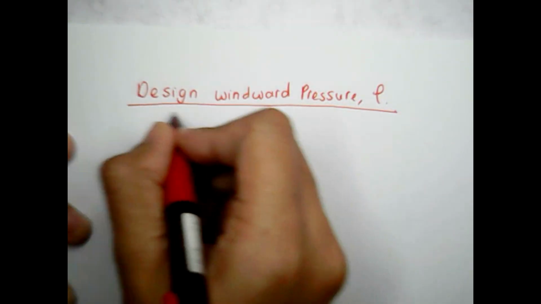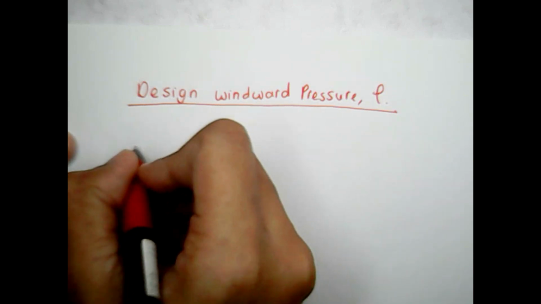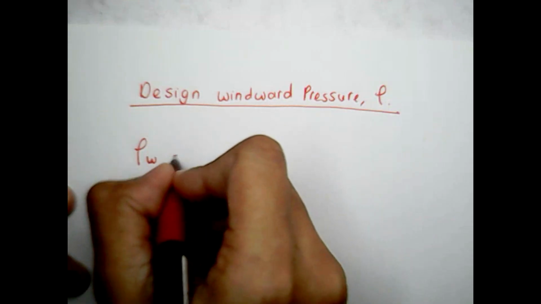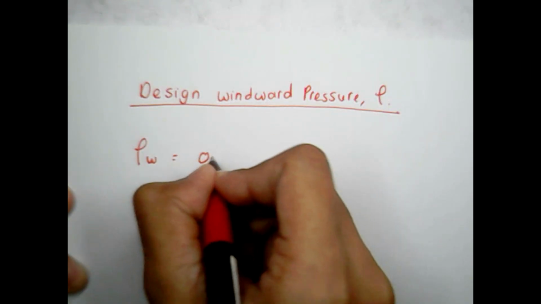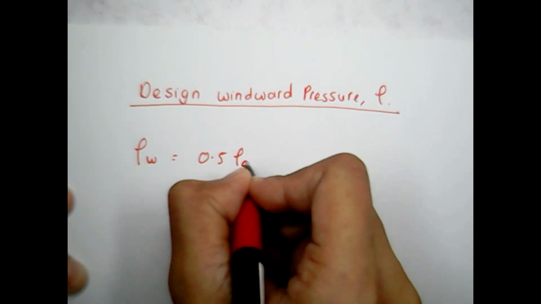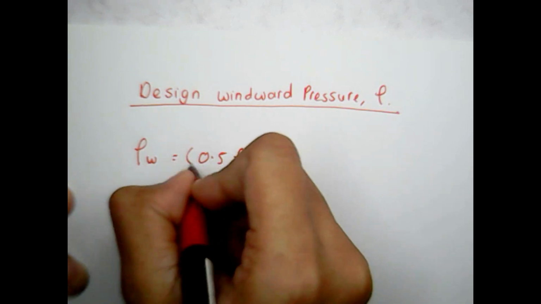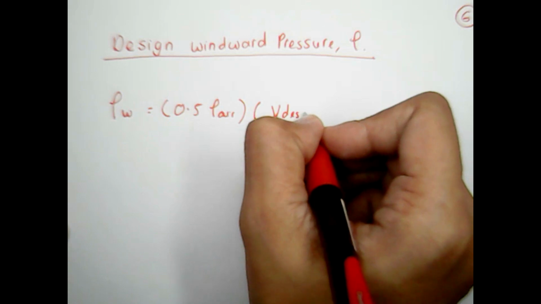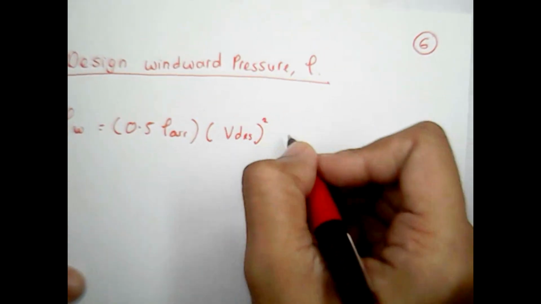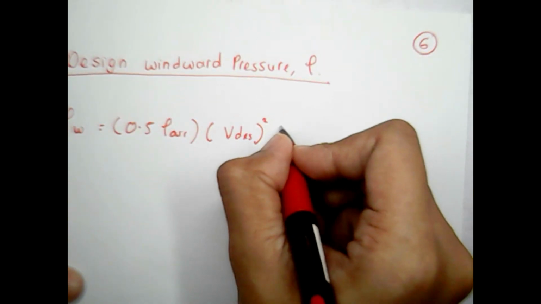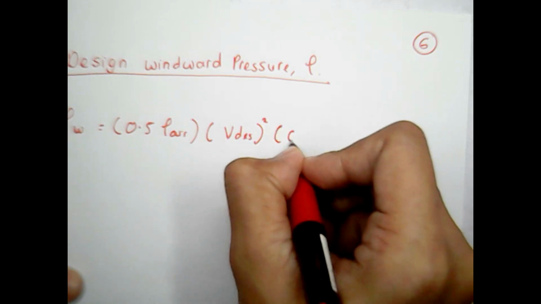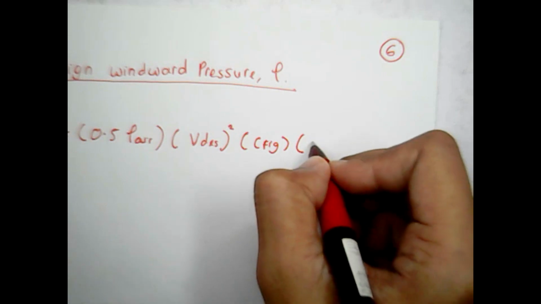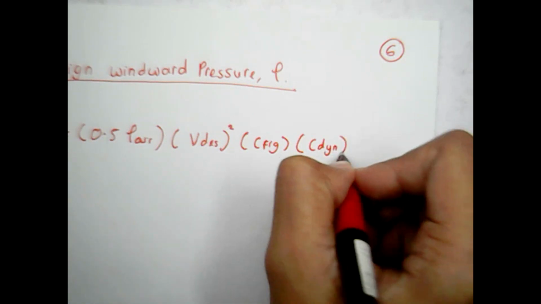So now first calculate the design windward pressure. The design windward pressure is equivalent to 0.5 times the density of air, times the design speed V dash, times the aerodynamic shape factor CFIC we calculated just now, times the dynamic factor, which we already know.